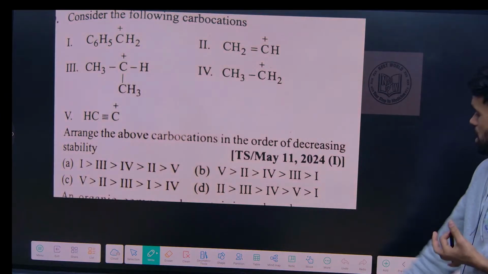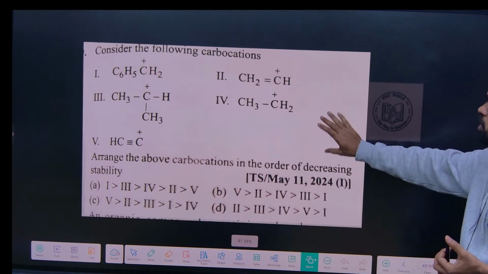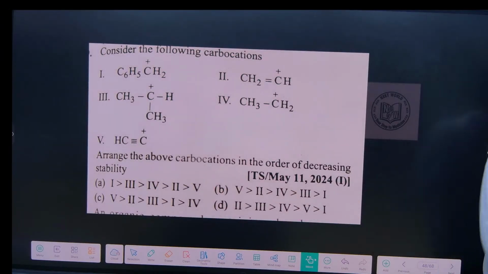Tell me the stability of carbocations from the 4 options. Which is more stable carbocation?